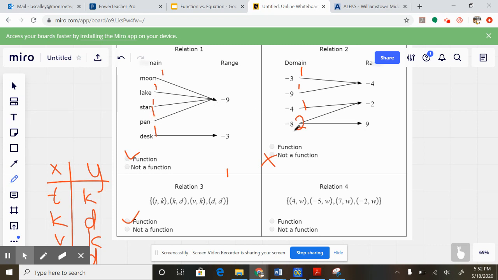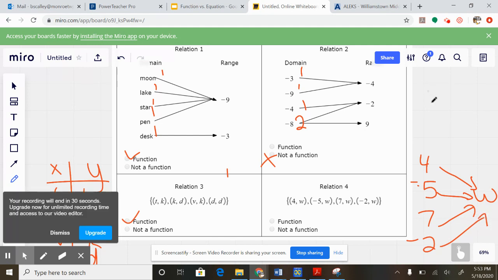If I want to do it here, it'd be 4, -5, 7, and -2. They're all my inputs, and they're all going to W. So they all only have one output. It doesn't matter that they're all going to the same output, but they each have one, which is important. That is a function.